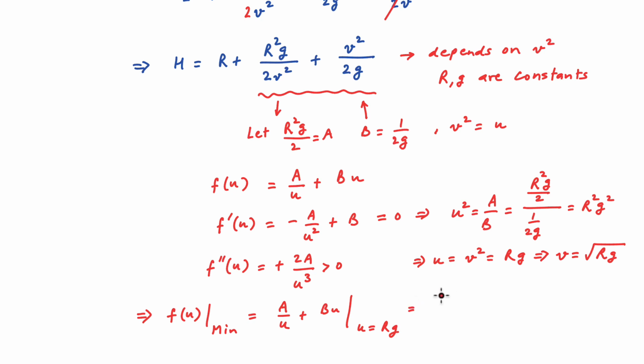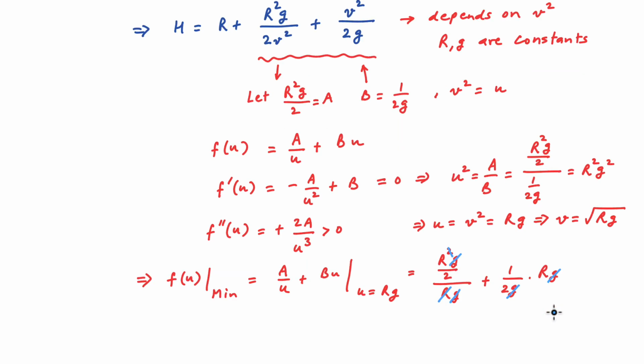Substituting the value of A, B, and u, we get r squared g upon 2 divided by rg plus 1 upon 2g times rg. Both terms simplify, and therefore the minimum value of f of u is equal to r upon 2 plus r upon 2, which is equal to r.